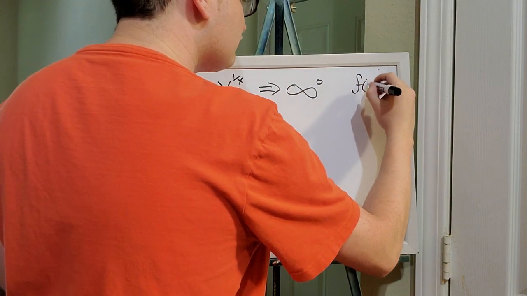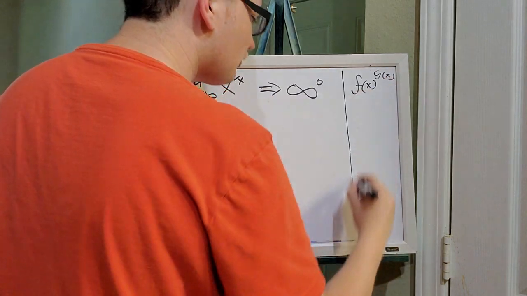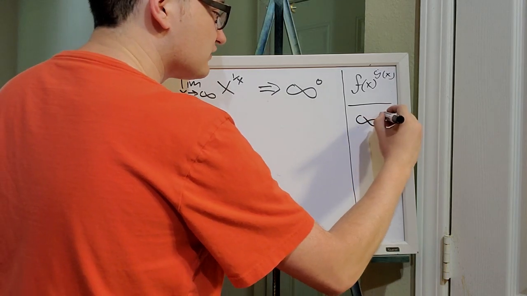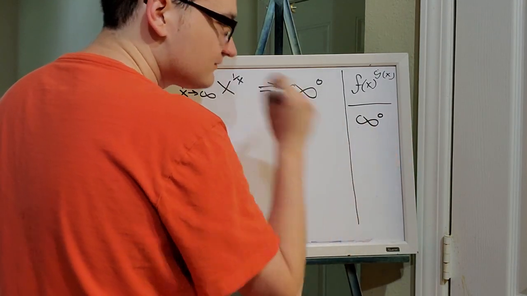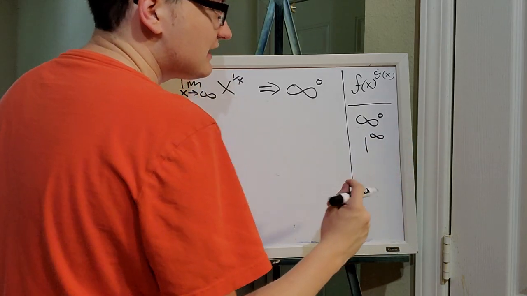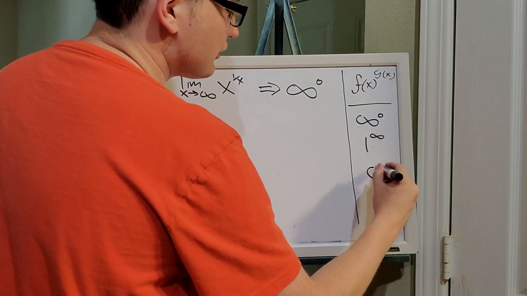If you have a function raised to the power of another function, you have an indeterminate form if any of the following are true: infinity raised to the 0, 1 raised to the infinity, and this last one was 0 raised to the 0.